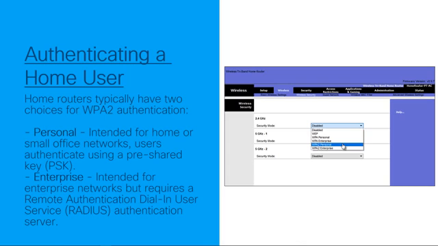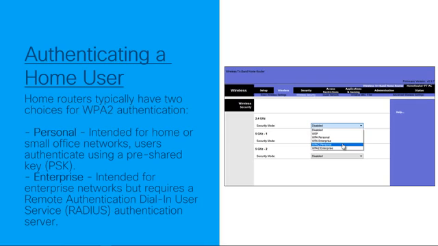We have personal and we have enterprise. With personal, this is intended to authenticate devices using a pre-shared key. Our wireless clients, whether they be tablets or smartphones or Blu-ray players or TVs, will use the exact same wireless password as any other client in the house. There's no special server needed to deploy WPA2 personal.